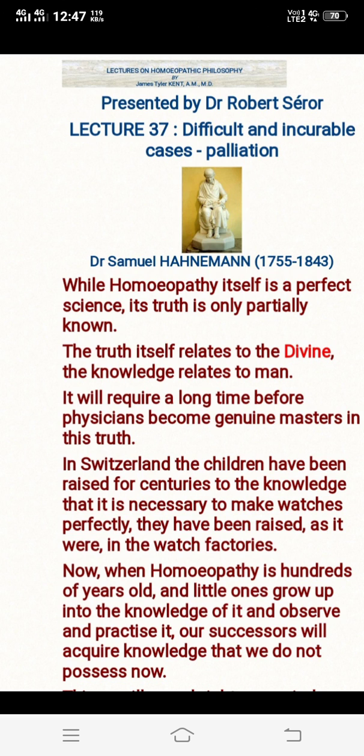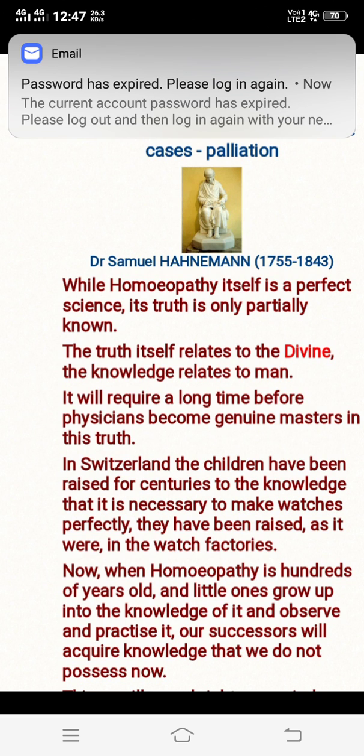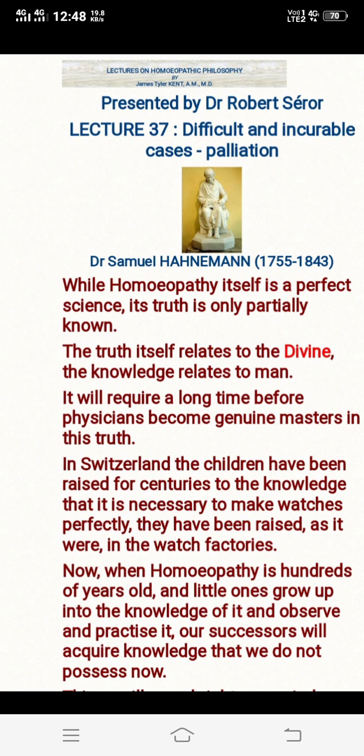So when we select some medicine for the incurable or difficult cases, we find that it does not follow Hering's law of cure, and we may think that the vital force of that patient is very weak due to these incurable or difficult cases, and at that time there occurs only palliation of superficial symptoms, and the medicine does not act at a deep level.